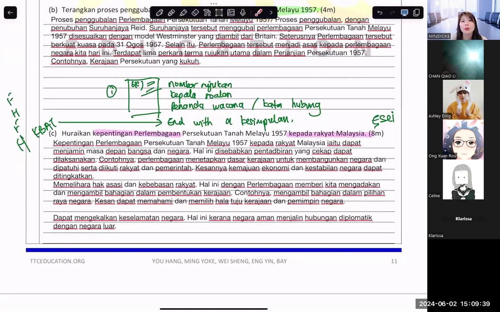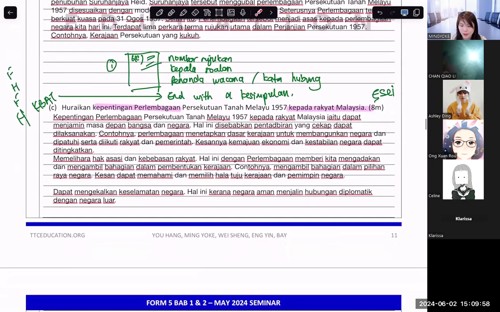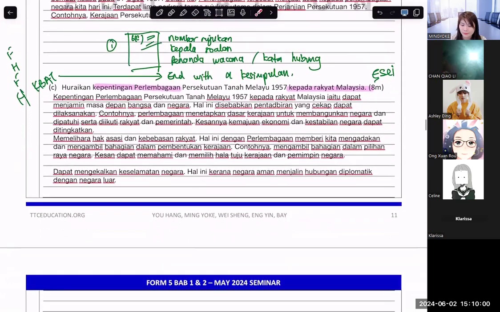Then you have to put kesimpulan. Kesimpulannya, perlembagaan dapat menjamin kemajuan, kemakmuran, kesejahteraan rakyat Malaysia. Like that. It's just a summary, ringkasan. Okay? Next page. So for example, if you want to know how the kesimpulan works, it is here.